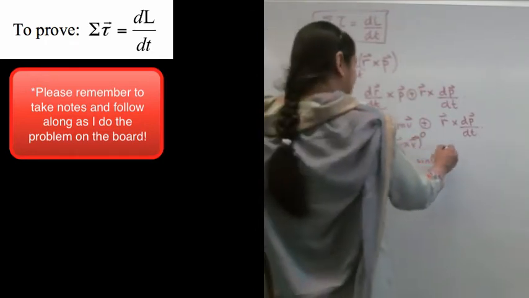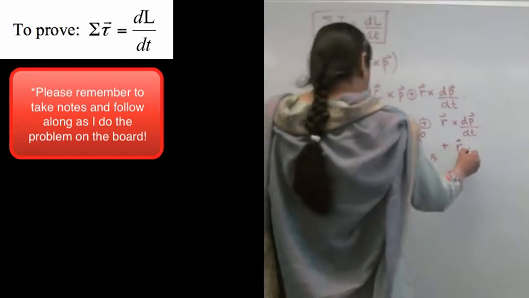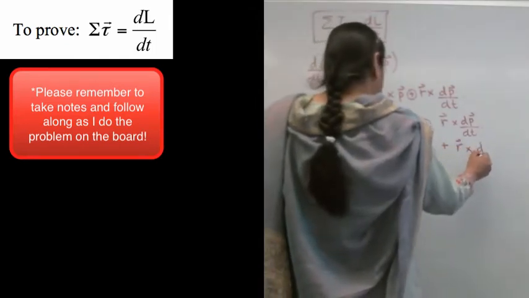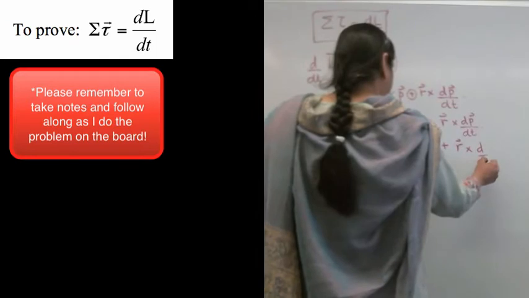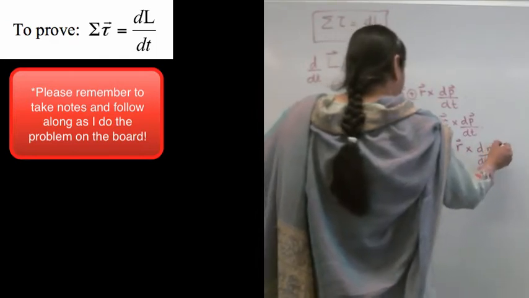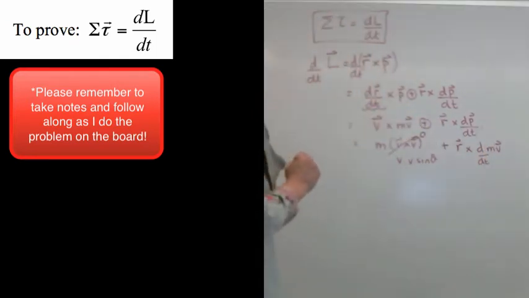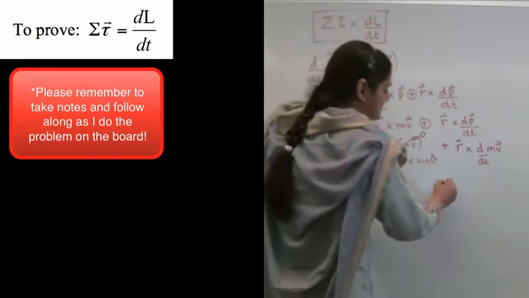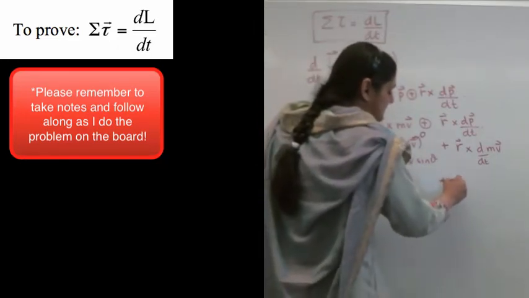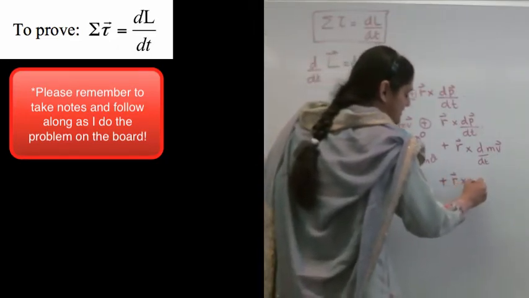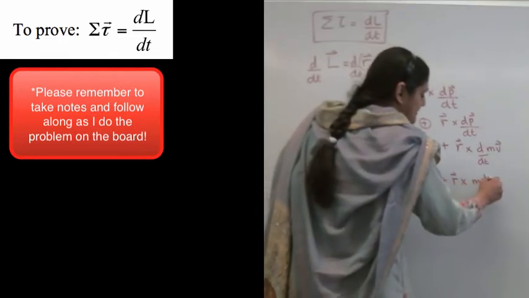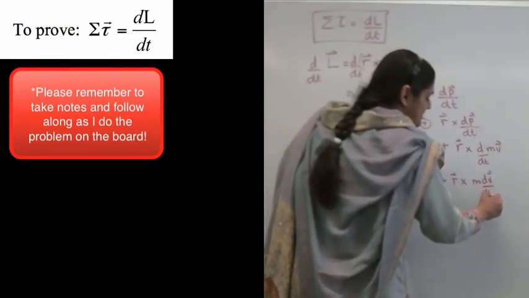Plus r cross d over dt of mv. This means I'm going to have plus r cross m dv over dt.